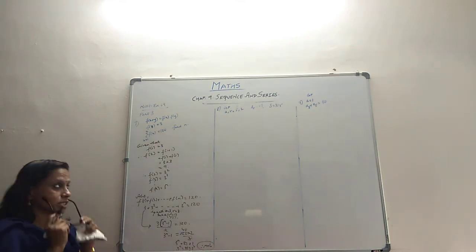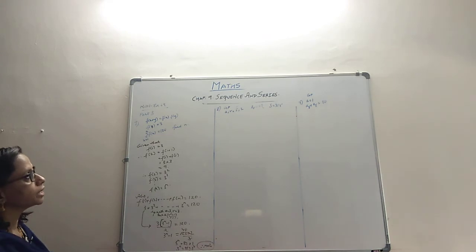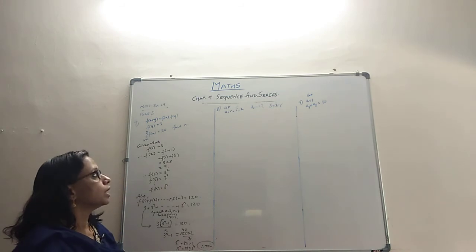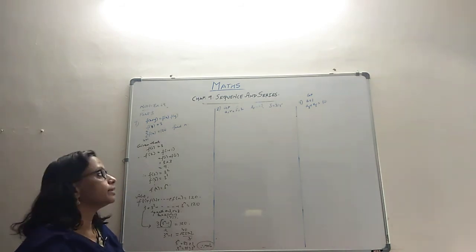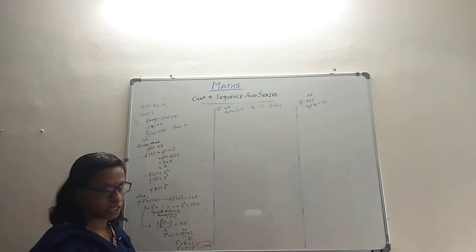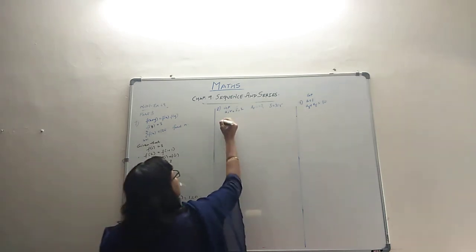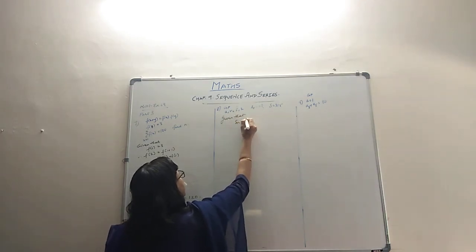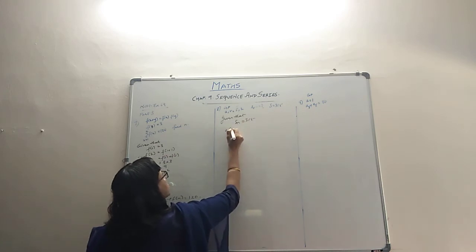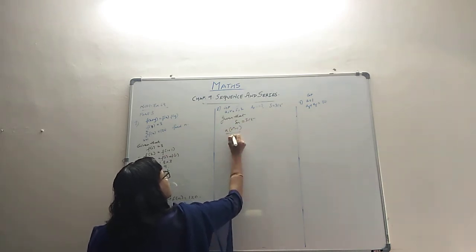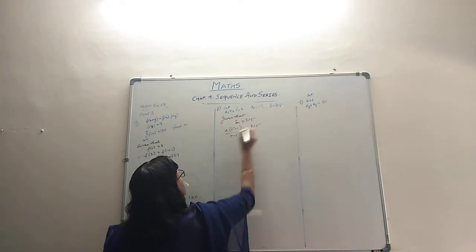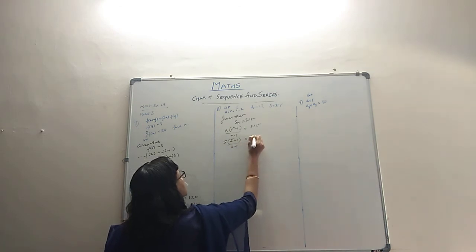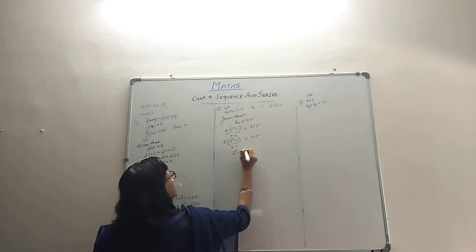We quickly go to the next question, the 8th one. It says that there is a GP whose first term is 5 and common ratio is 2. You have to find the last term and the n when the sum is given as 315. So, by formula, it's a into (r raised to n minus 1) by (r minus 1). a for us is 5. 5 into (2 raised to n minus 1) by (2 minus 1) is 315, and 2 minus 1 is actually 1. So the 5 can go on the other side.